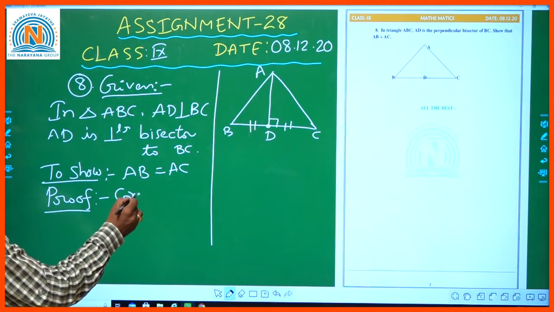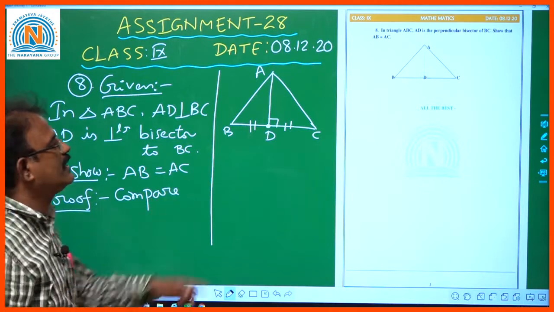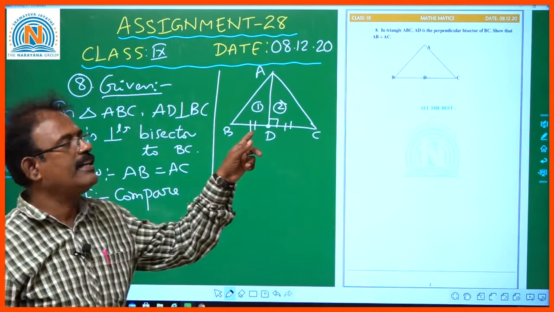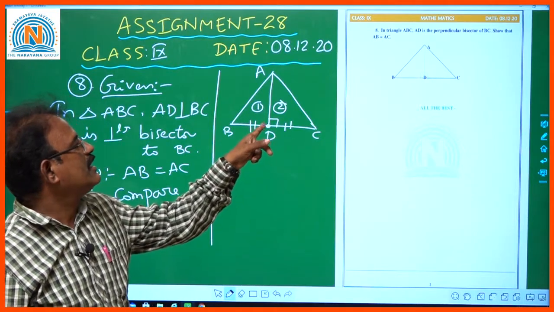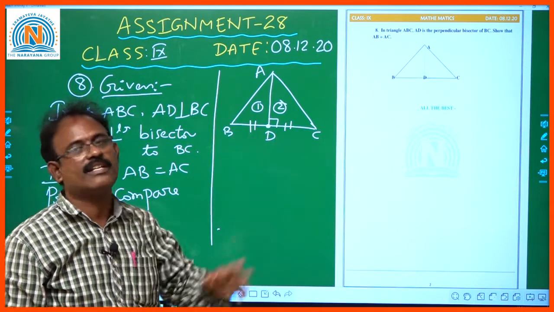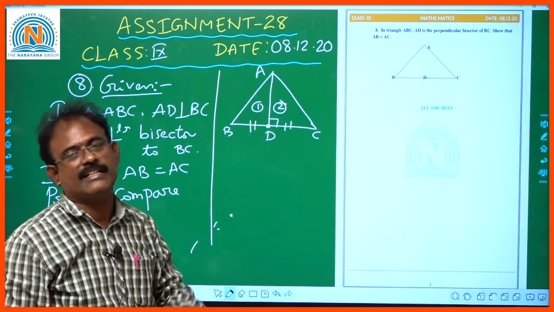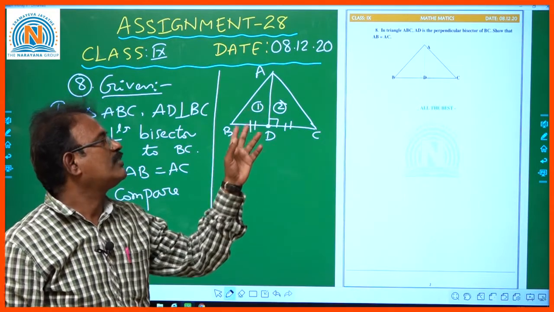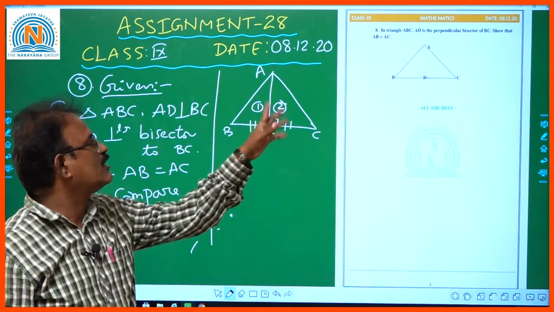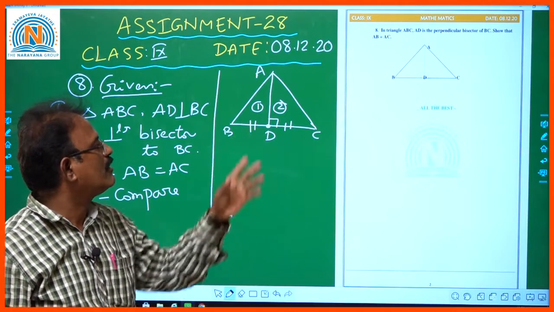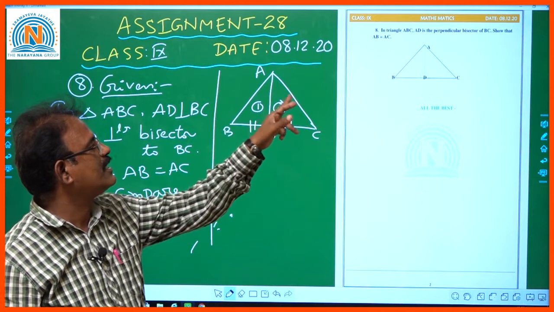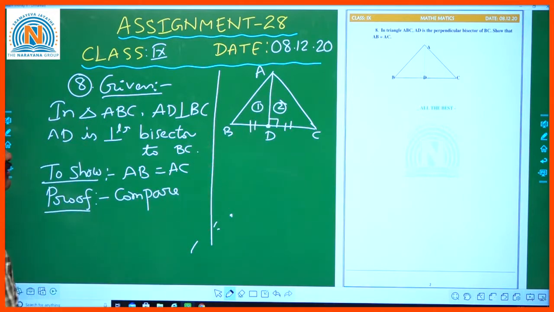So when you compare these two triangles, 1 and 2, under the names of ABD and ACD, see, AD is a common side. As given, it is a bisector, so BD is equal to DC. As it is perpendicular, it makes 90 degrees with the base. So by side angle side axiom, 1 and 2 are congruent. When these two triangles are congruent, because of CPCT, the parts opposite to 90 degrees, AB and AC, are equal. That only we need to prove.